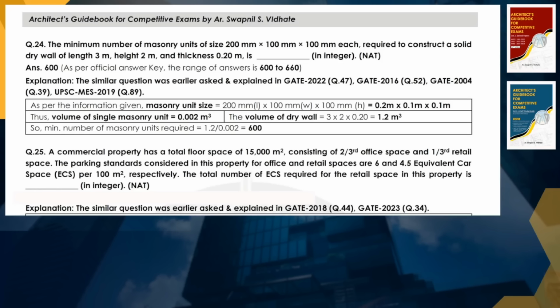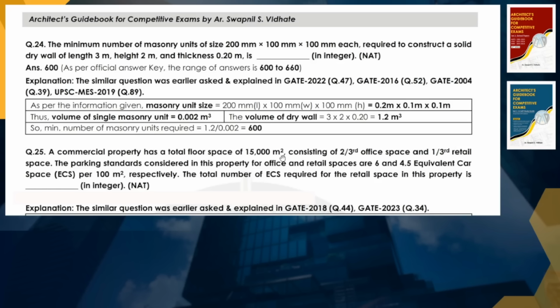So let's solve this question step by step. Again, a similar question was explained in GATE 2018 at question 44 and GATE 2023, the recent one, at question 34. Very similar nature, just with a change of values.